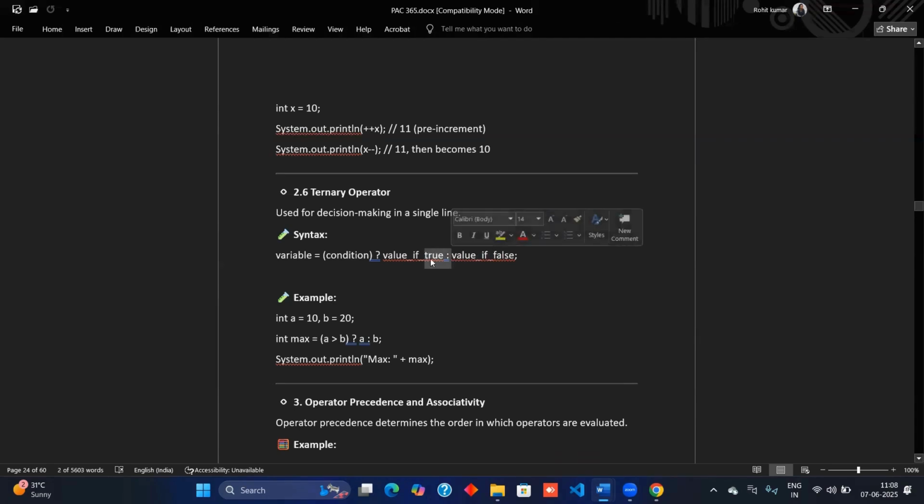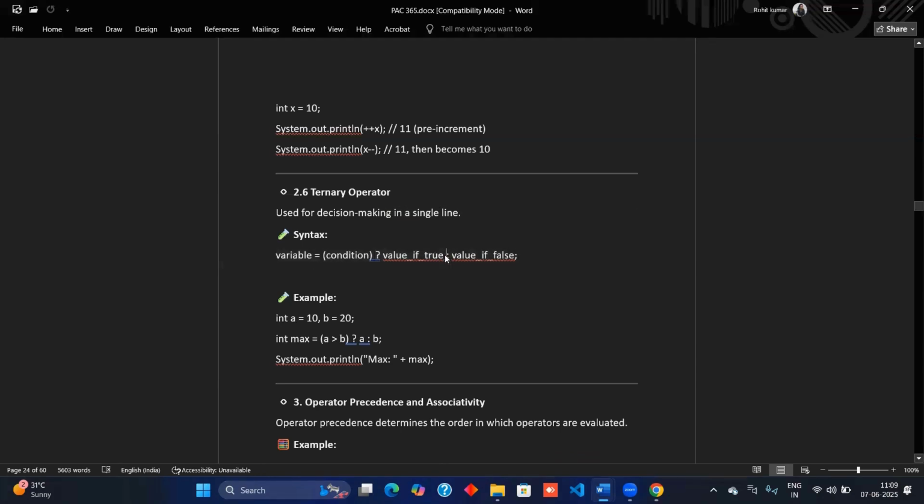Here the condition will be checked. If the checked condition is true, then the value for true will be returned and assigned to the variable.